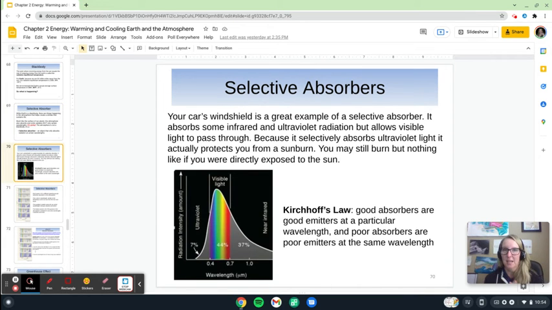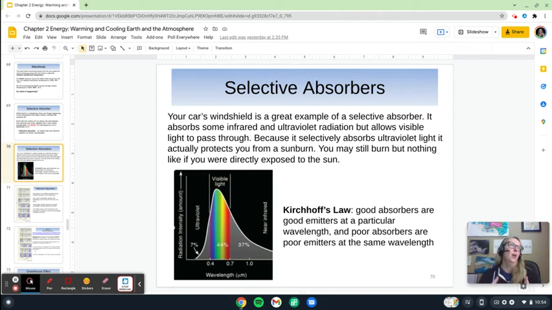The way to think about this is kind of like your car's windshield. It is a selective absorber. It absorbs some infrared radiation and ultraviolet radiation, but it allows visible light to pass through.